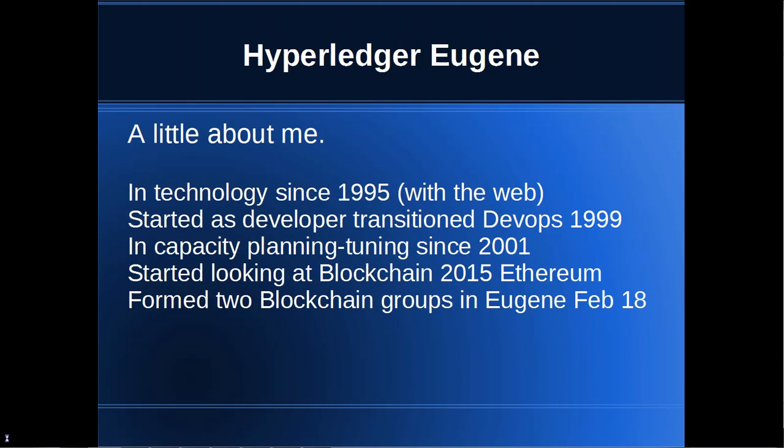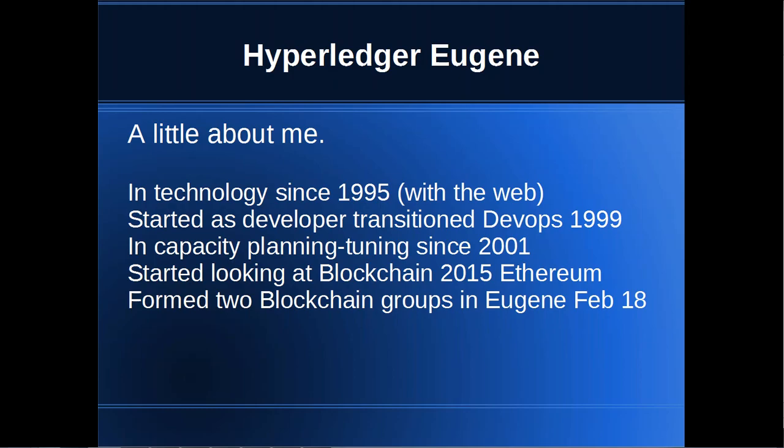So, just before we start, a little bit of housekeeping, as they say. Just a bit about me. I've been in technology since 1995. Actually, I started just about the same time as the web, or a little bit after. I was a developer for a few years, and then I transitioned to what now is called DevOps, almost before 2000 in actual fact.